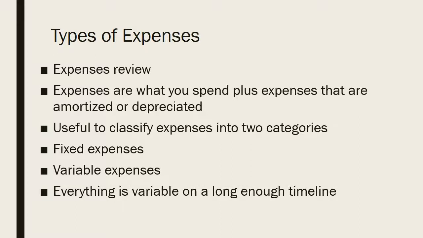And one thing to remember is literally everything is a variable expense if you consider a long enough timeline. I mean, if you consider rent over the next 3 years, you could make changes so that your rent is not something that's fixed from one month to another. You could move to a new place. So fixed versus variable all depends on the timeline or the time frame that you're looking at.